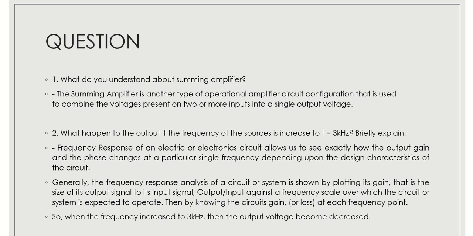The frequency response analysis of a circuit or system is shown by plotting its gain, that is the size of its output signal to its input signal, against a frequency scale over which the circuit or system is expected to operate, then by calculating the circuit gain at each frequency point. So, when the frequency increases to 3 kHz, then the output voltage becomes decreased.